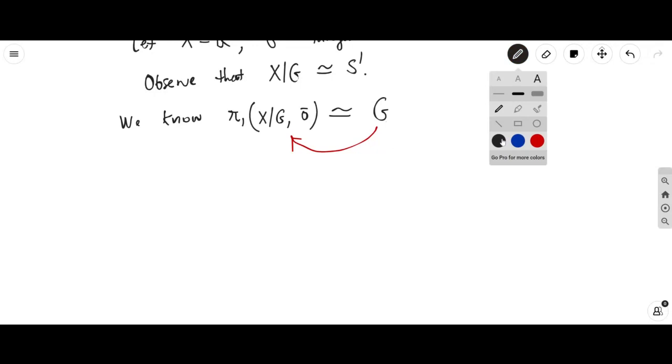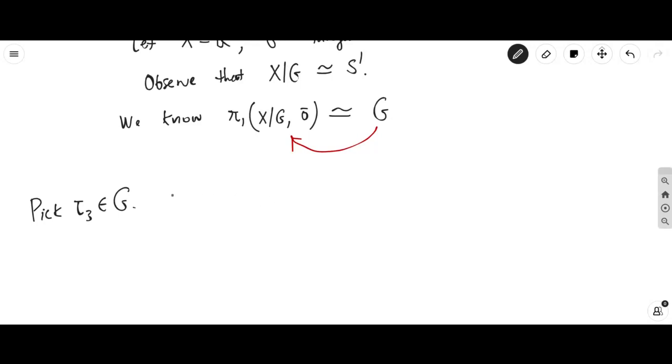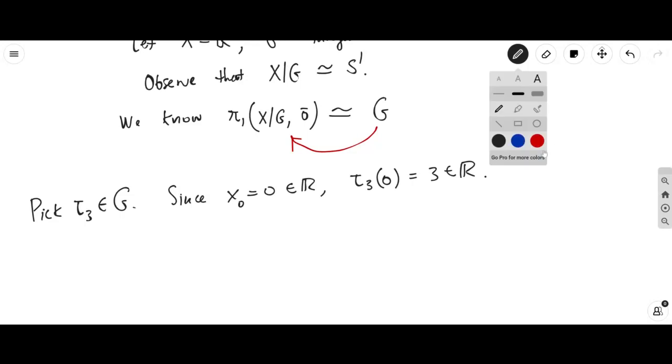So let's say we pick translation by 3 in G. Since our initial condition is 0 on the real line, if you apply this translation to 0, you get 3 on the real line. So you have the real line, you have 0, you have 3, and now you just pick any path.